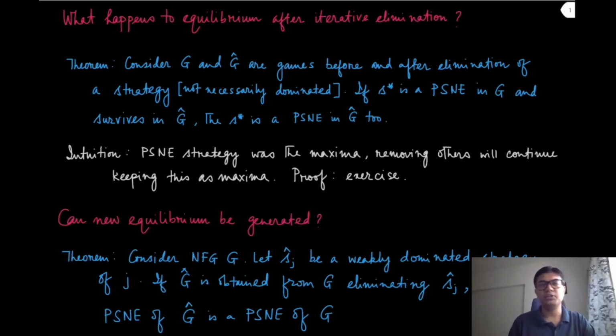Why? Because if you imagine that you have removed a strategy of player J, for all the players except player J, nothing has changed. Their strategy set remained the same. Everything else remained the same. So if there exists a Nash equilibrium in the original game which survives after removal of a specific strategy of player J, then for all the other players, the inequality for the pure strategy Nash equilibrium remains exactly the same.